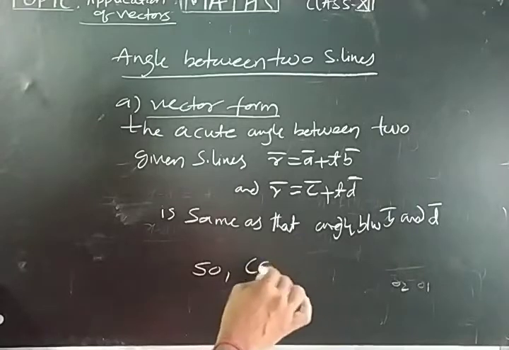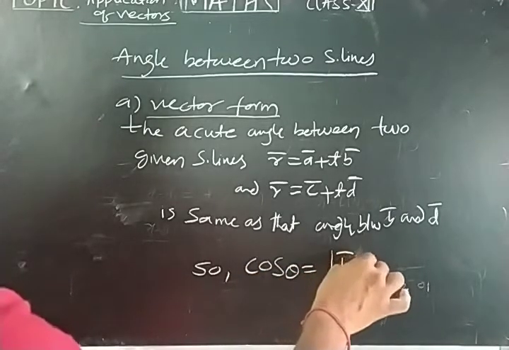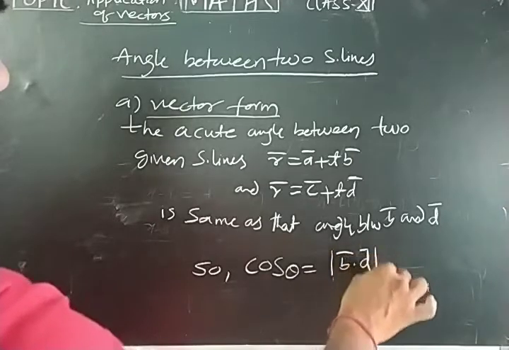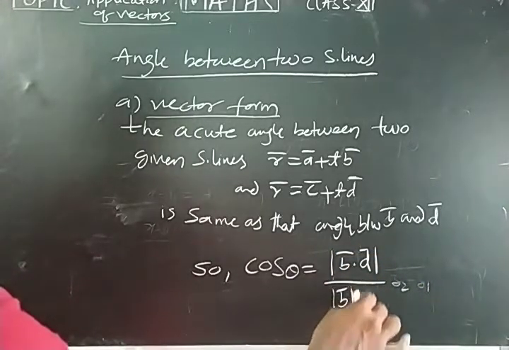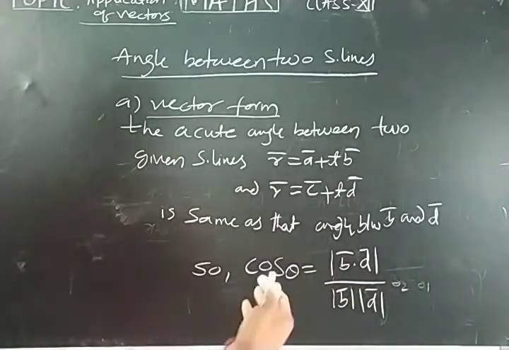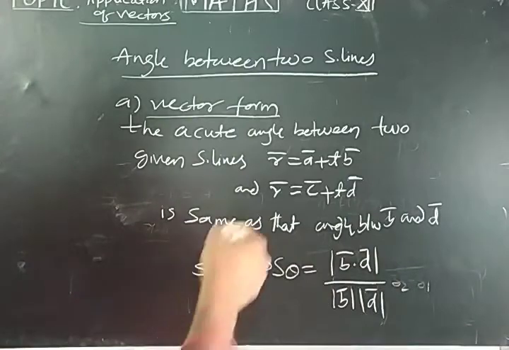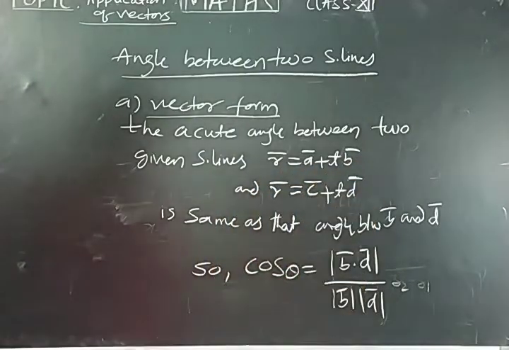So cos theta equals modulus of b bar dot d bar by mod b bar mod d bar. Using this formula, you can find the angle. Right? Theta equals cos inverse of that. To find the angle between these two straight lines, it is enough to find the angle between b bar and d bar.